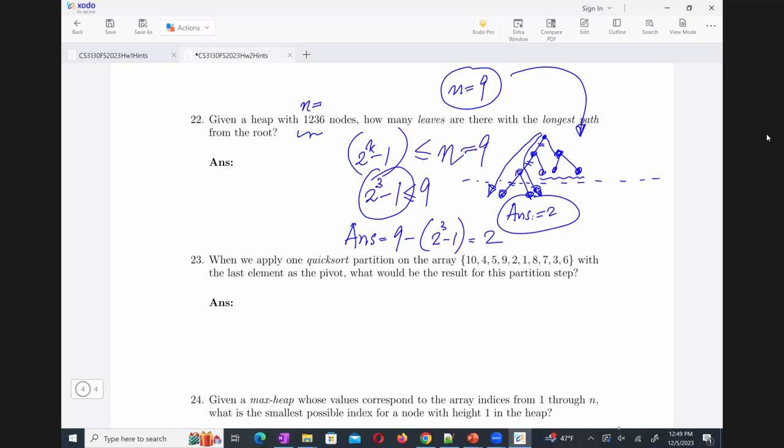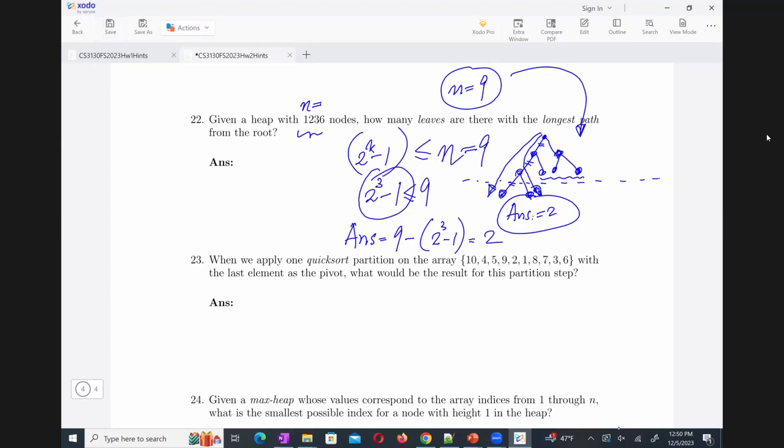Power of 2 to the k minus 1 less than or equal to 1,236. You can find that k easily, right? After that k, can you do the last step of the calculation to get your answer? All right. Next question.